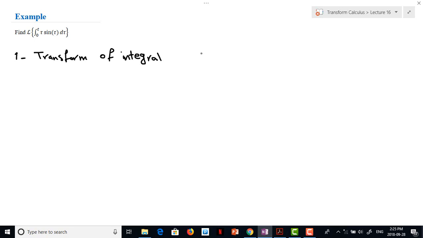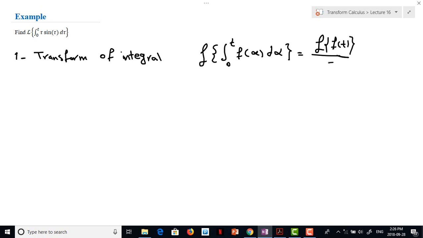We said the Laplace transform of the integral from 0 to t of f(alpha) d alpha is equal to the Laplace transform of f(t) over s, or F(s) over s.